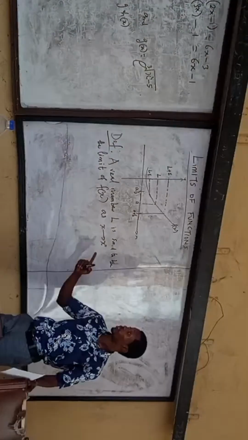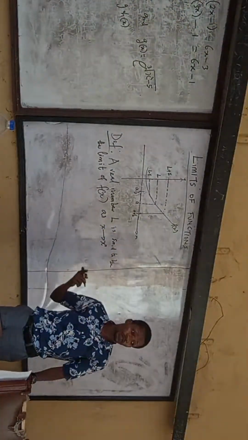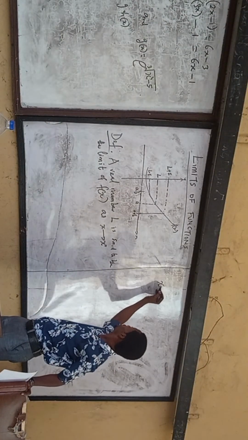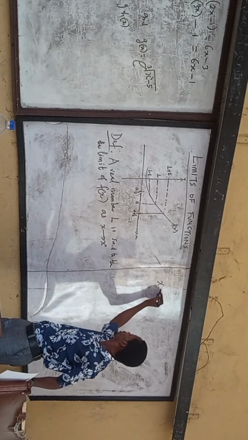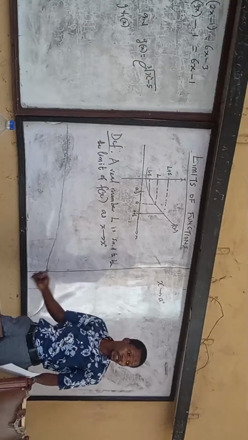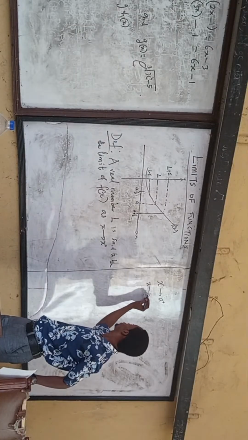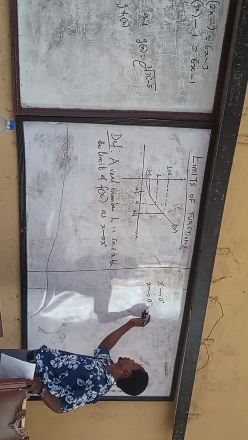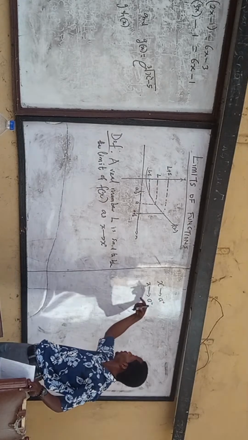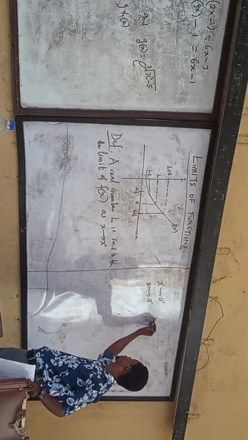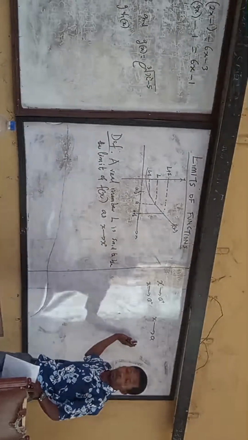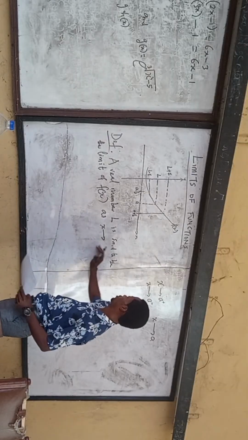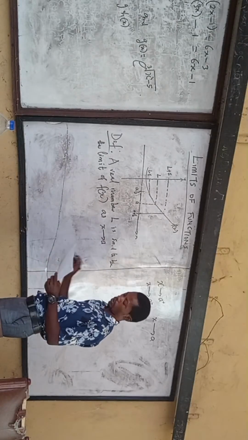Here we assume that whether from the right or from the left, it's the same thing. If not, you have to be careful about approaching A from the left or from the right. If it gives you the same thing, just simply conclude that x tends to A, or x naught, all the same.